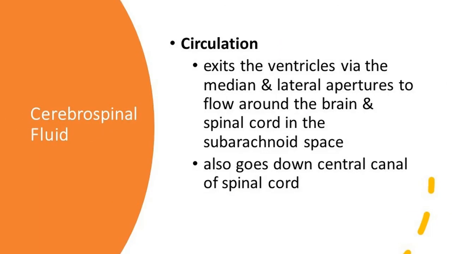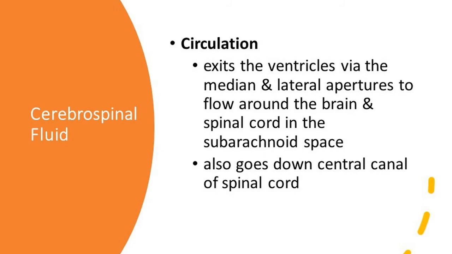The cerebrospinal fluid will exit the ventricles through three apertures. The meaning of aperture is opening. So there are three openings that will allow the passage of CSF, one median aperture and two lateral apertures. From there, the fluid will flow around the brain and the spinal cord in the subarachnoid space. So it goes down through the central canal as well.